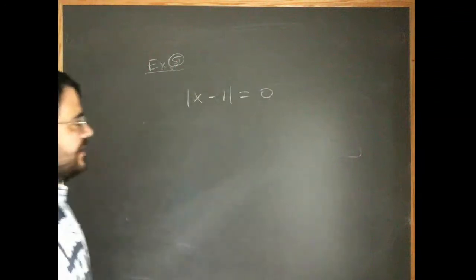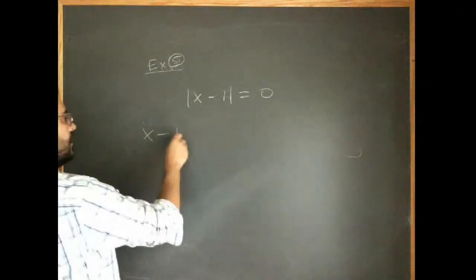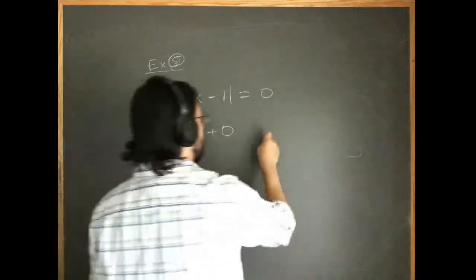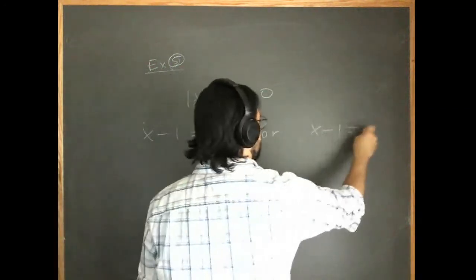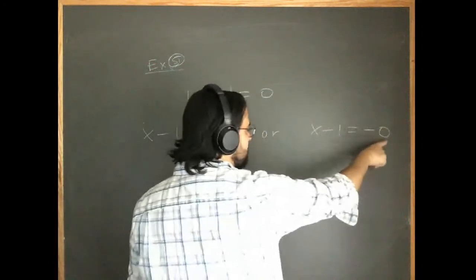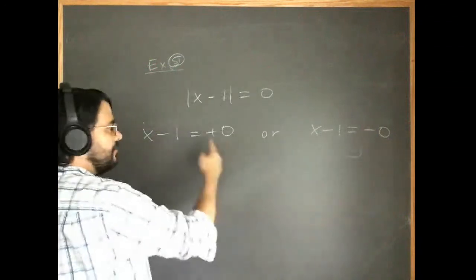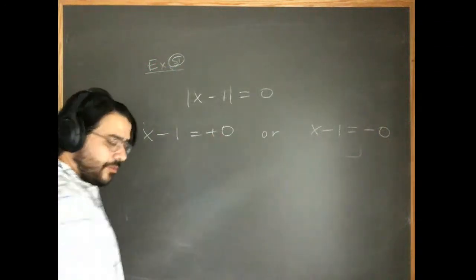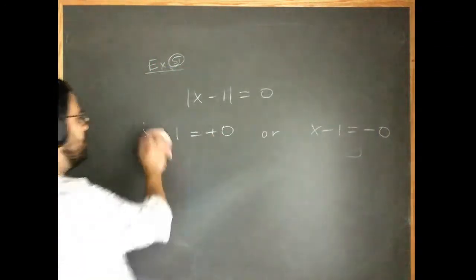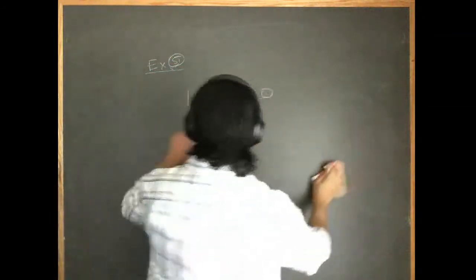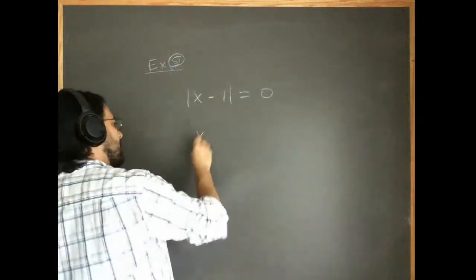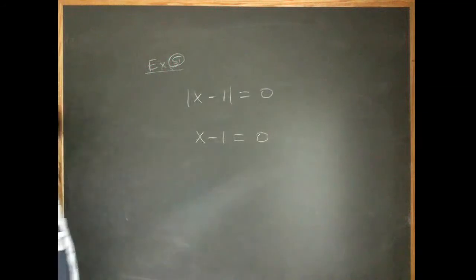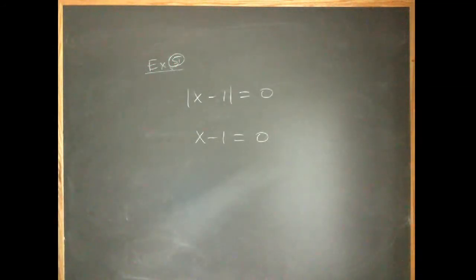And here you can try the plus or minus thing, but remember, negative 0 is just 0, and positive 0 is just 0. Or another way to think about it is the only way you're going to get an absolute value of 0 is if x - 1 itself was 0. Right? That's the only way the absolute value will be equal to 0.